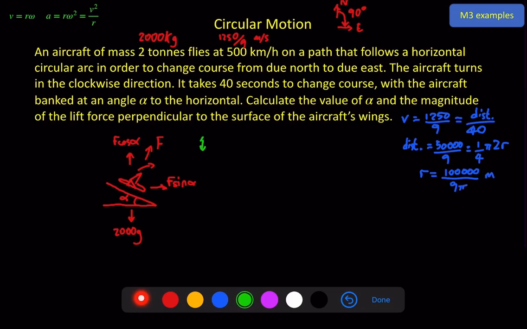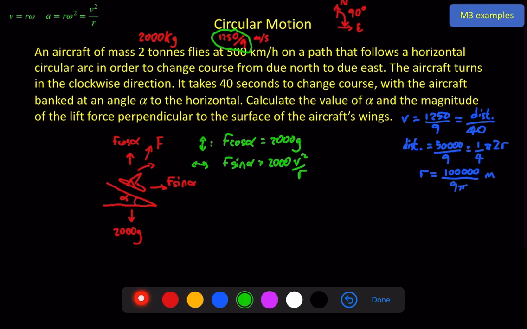We resolve vertically, giving us F cos alpha is equal to 2000 g. Resolving horizontally, F sine alpha in our F equals ma equation, 2000 for the mass. Acceleration, I'm going to use v squared over r because we know v is this awkward thing here. And of course we know r on the right hand side in blue.